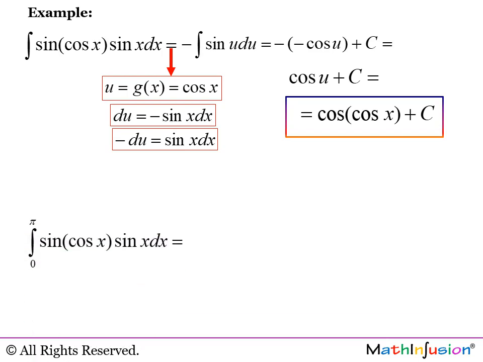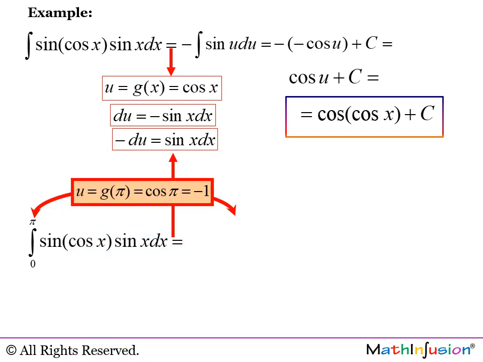This problem is almost like the one that we just did, but this is the definite integral. So in addition to doing all this substitution, I also need to see what the limits of integration are. When x equals pi, then u is g of pi, or cosine pi, which is negative 1.